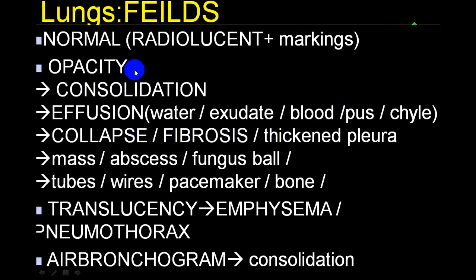Now once in a while you come across small opaque shadows, not a big area. That can be because of what we call a nodule, small size; a little bigger than the nodule, we call mass.